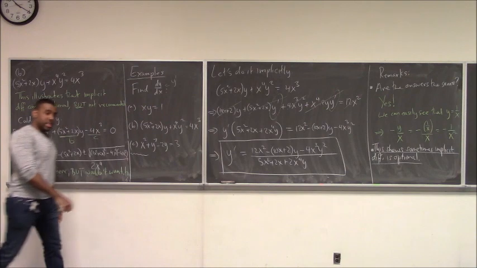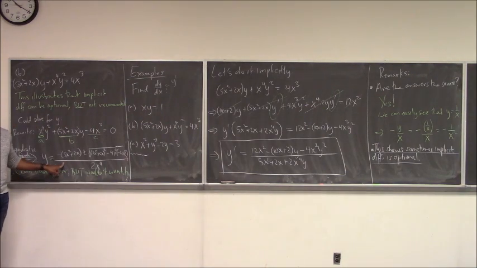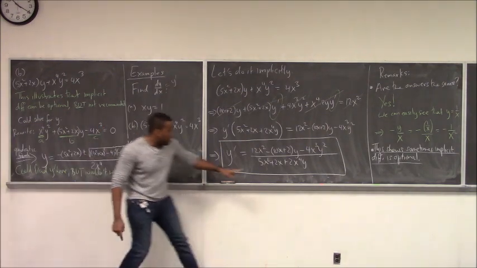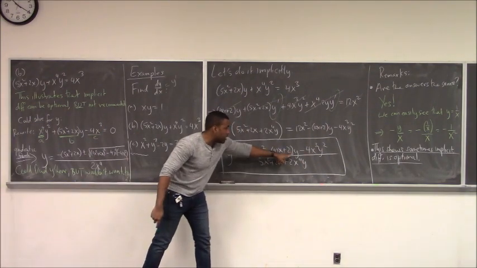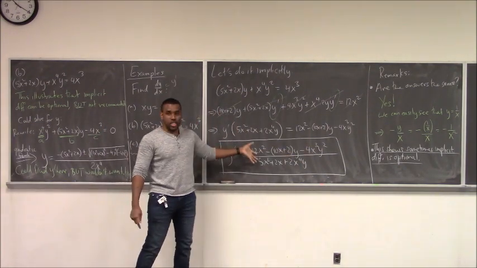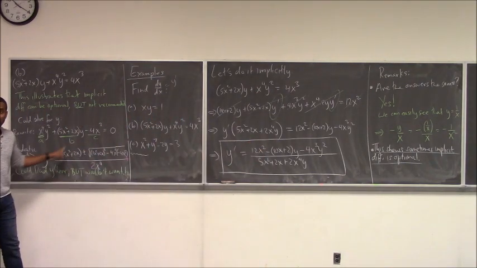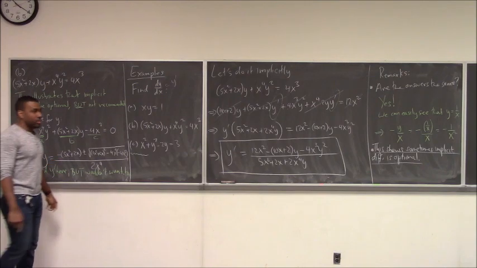Now, yes, that looks messy, but it was a heck of a lot easier to actually do by hand than it would be to do this directly. And second of all, if you were forced to write this as a function of purely x, then all you would do is plug in this expression in every location that you see y, and you can imagine from seeing that expression how complicated it would have been to do this directly.